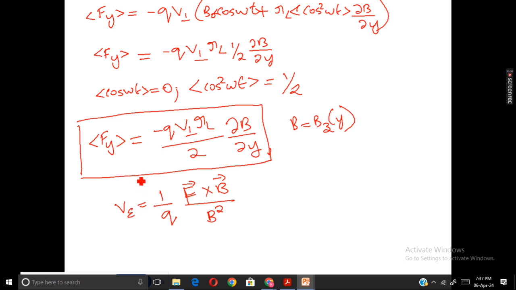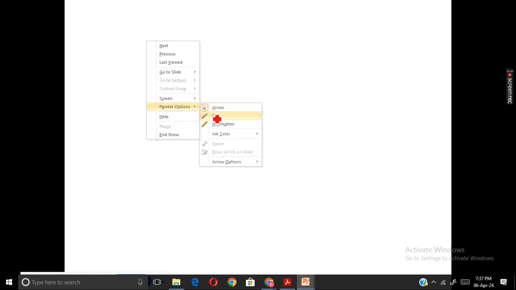So when we substitute Fy into the equation, the drift velocity will become 1 by q, average of Fy cross B by B squared.